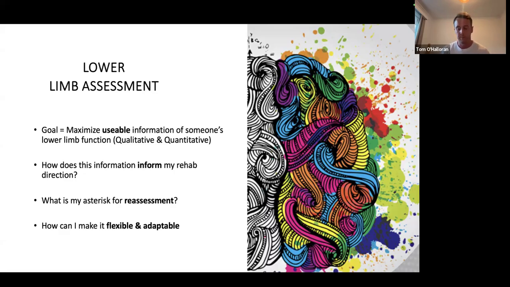So I wanted to develop a framework where I could use the same system to assess a runner who's training for an ultra marathon event, who's uninjured and wants a strength plan to prevent injury, but also someone with ongoing lower limb knee pain who hasn't run or played sport or barely walked downstairs for long periods of time. That's two people at a very different functional level. But how can I utilize a system that looks at the same physical qualities to help simplify things in my mind?